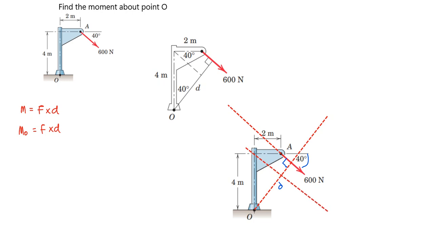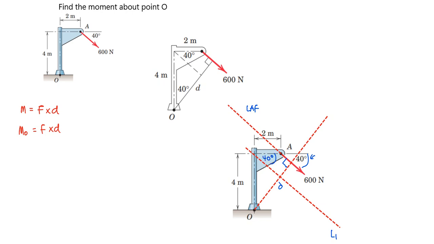Let's take this to be the perpendicular distance, parallel to the line of action of the force. Since these two lines are parallel to each other, L1 is parallel to the line of action of the force, LA. So the angle here, which is 40 degrees, will be the same as the angle here, which is 40 degrees.